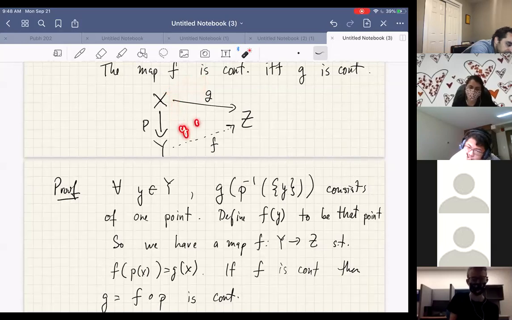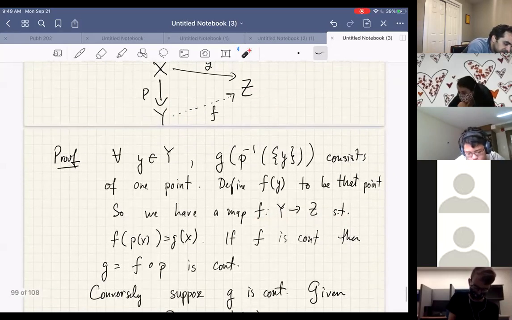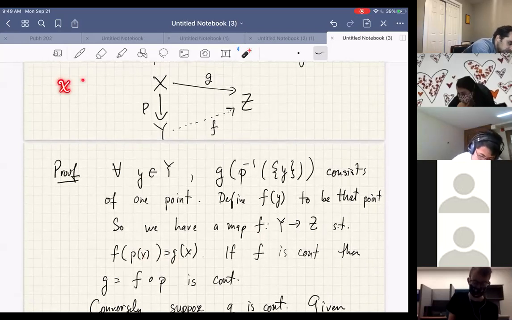So I send y to that point in Z, which I'm going to call F of y. So we have a map from Y to Z. And by definition, it satisfies the following: if I start with an x and I apply P, then F of P of x is exactly G of x, right? Because x would be in P inverse of P of x.